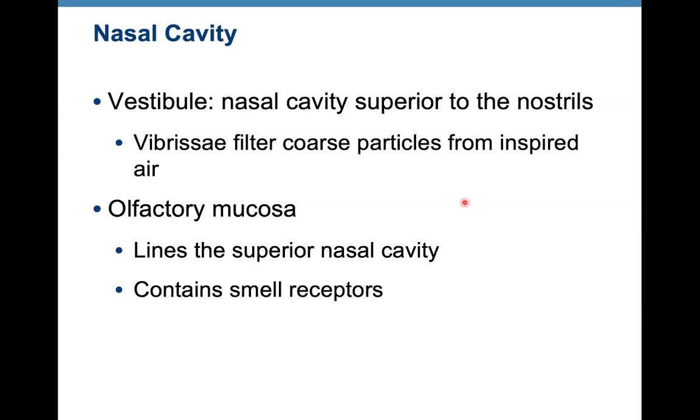The olfactory mucosa is very important because this is where you're going to get that warming of the air. The mucosa is also lined with mucus, and that will help to trap a lot of particles. And again, you want to try and minimize what gets down into the lungs.